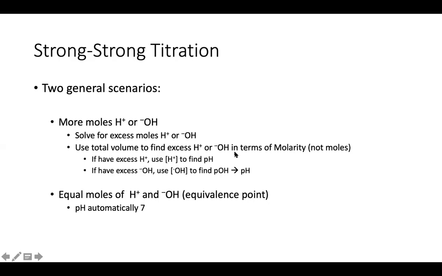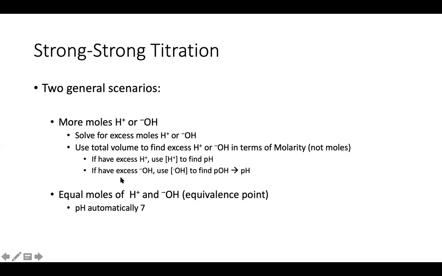So at this point, you will have the molarity of H+ or the molarity of excess hydroxide. If you have the molarity of excess H+, you can take the negative log of that value to immediately find your pH. They'll be asking for your pH, so that would be your answer.